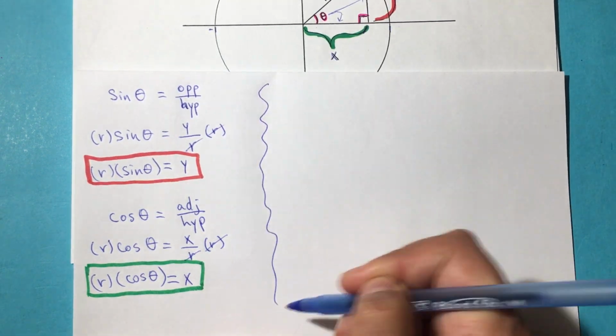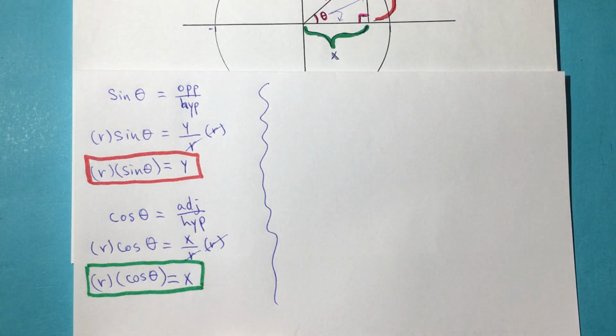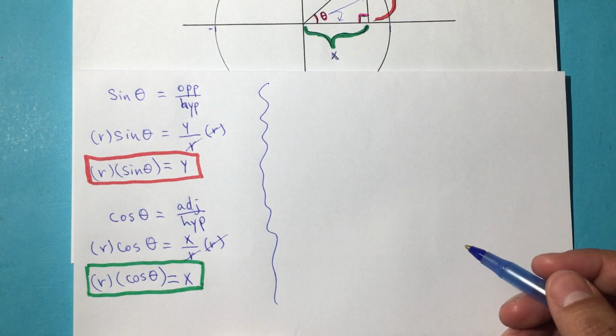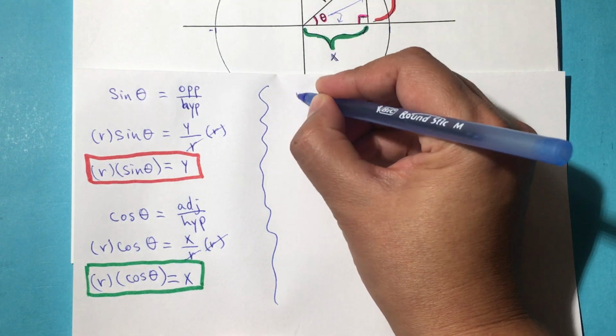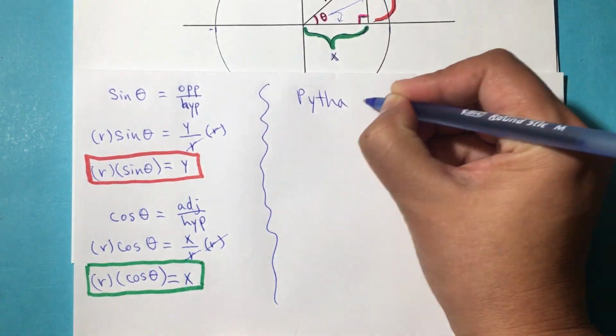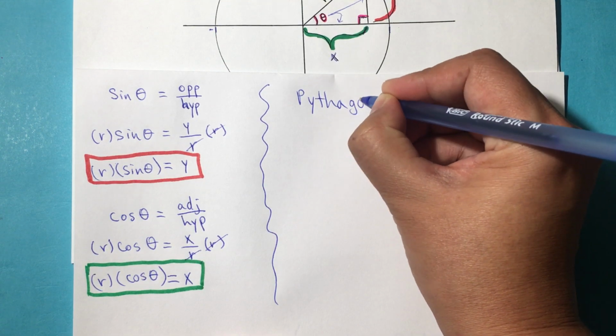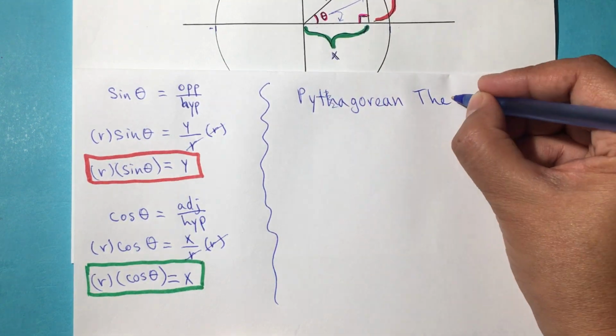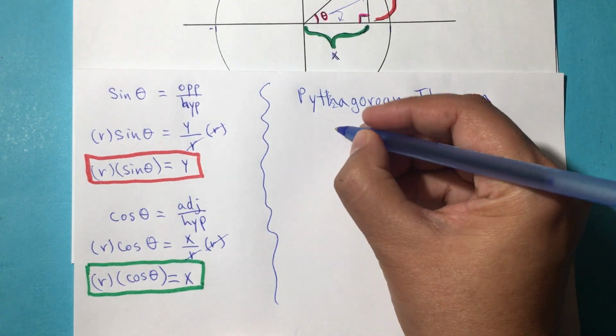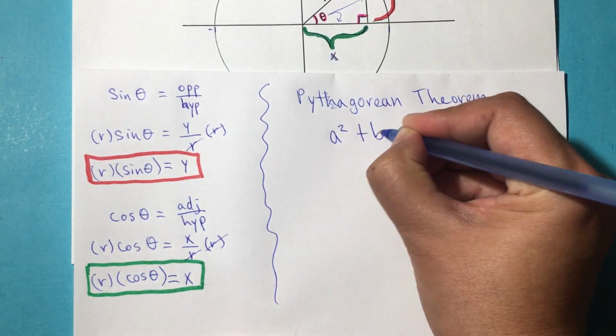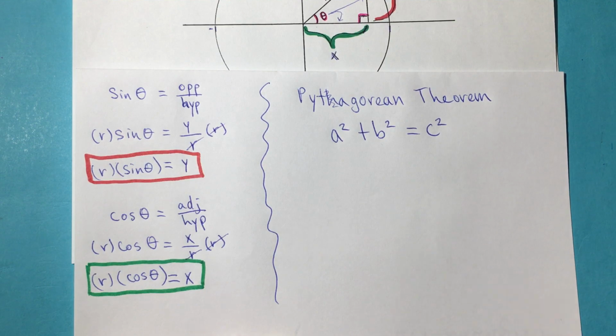Now let's apply the Pythagorean theorem, which we also learned in the previous lesson. The Pythagorean theorem is a squared plus b squared equals c squared.